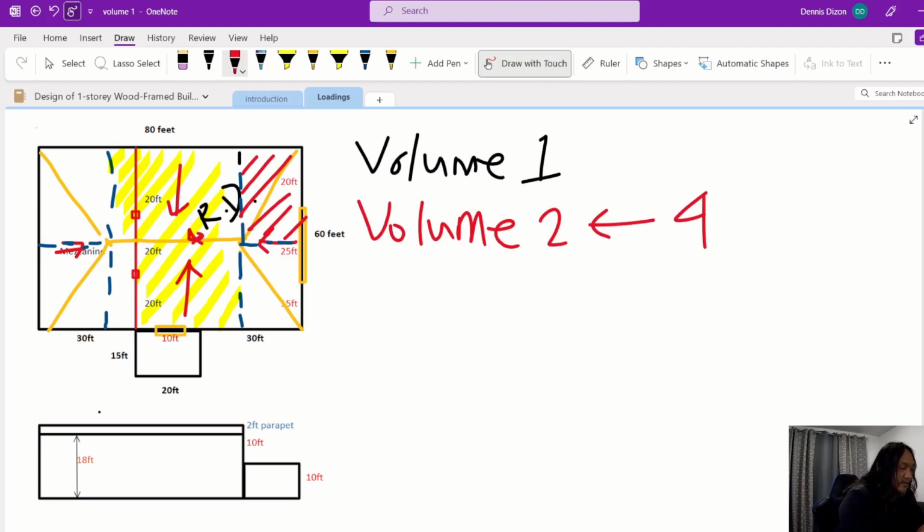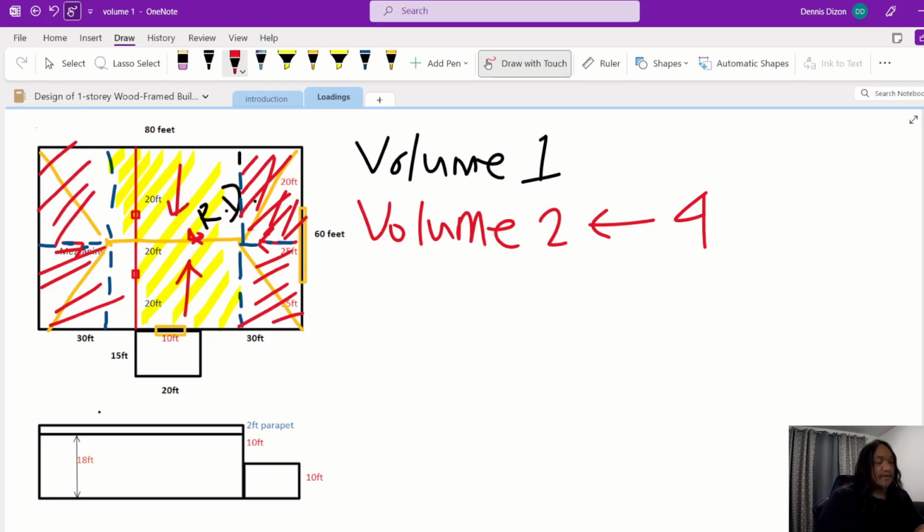So basically this volume 1, and then this one here 2, and then 3, and then 4. So that comprises the total volume of the water that will be accumulated on the roof. So we already talked about the change in elevation.